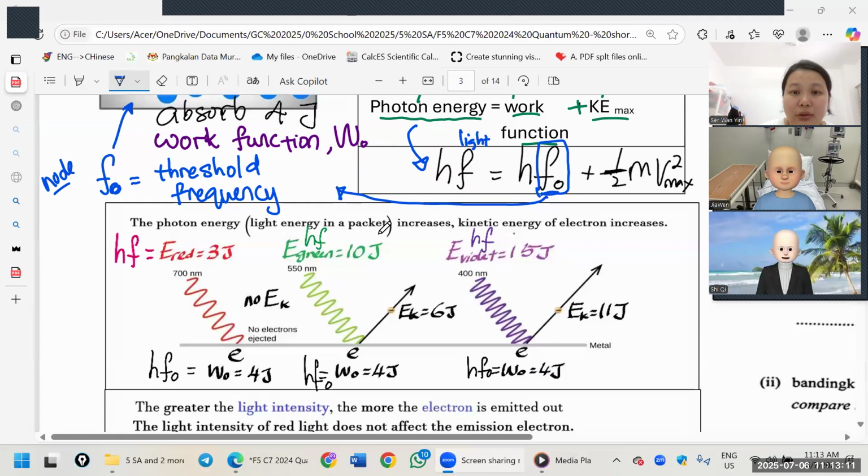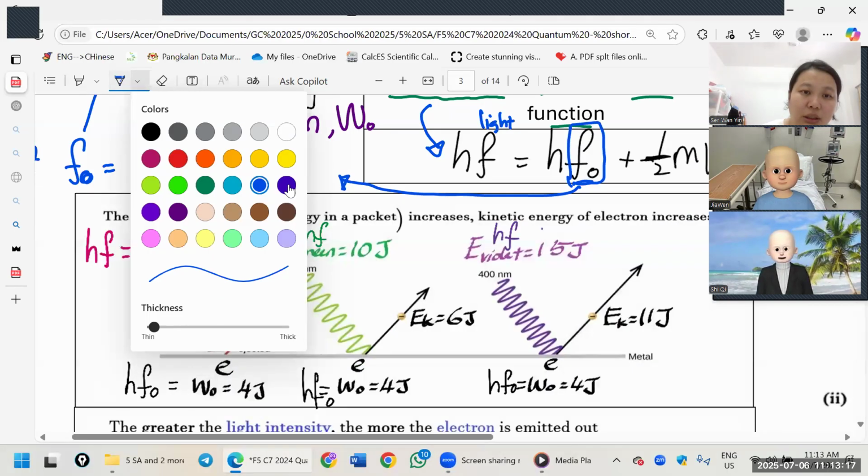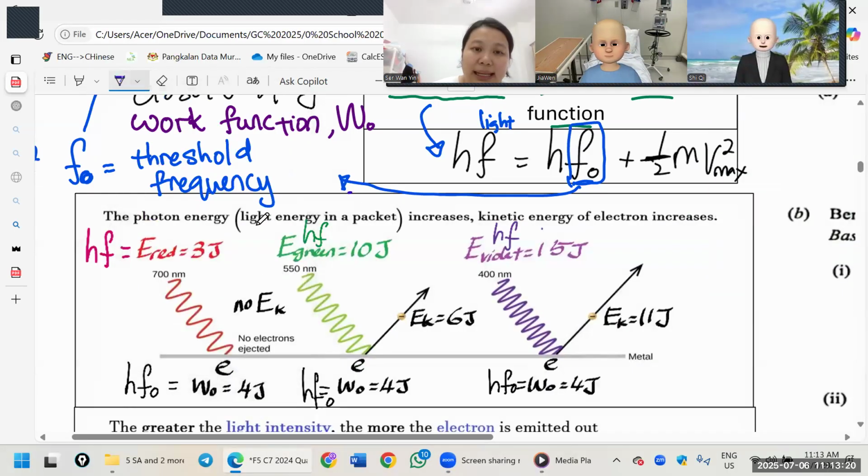Okay, now comes to a question about photon energy. When light energy in the packet increases, the kinetic energy of the photoelectron also increases. For example, green light is 10 joules, absorb 4 joules of work function, go out with 6 joules. Then violet, just now we said violet has the highest frequency, so the photon energy is the highest among visible light.